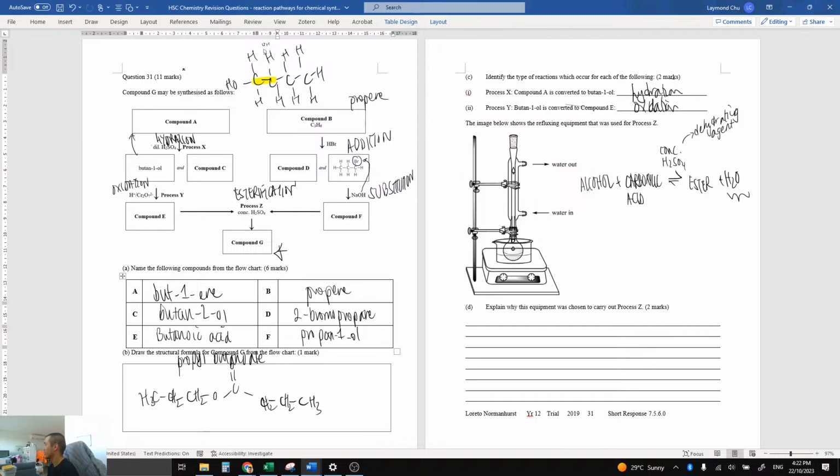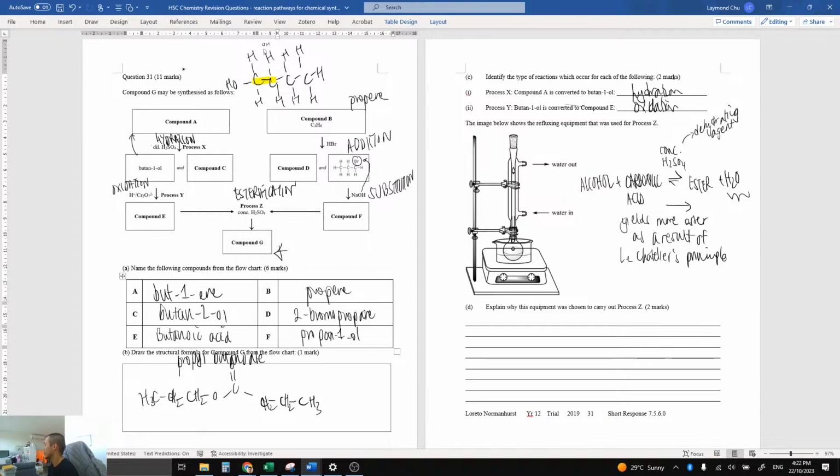What this does, the sulfuric acid pulls the H2O towards them, shifting the equilibrium to the right. What does this do? This yields more ester, which is what we want. So the purpose of sulfuric acid is to dehydrate the water, pull the equilibrium to the right as a result of Le Chatelier's principle.